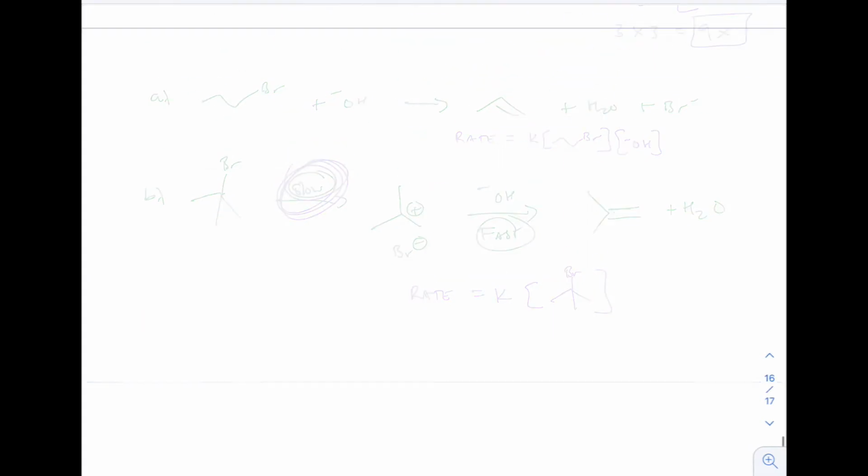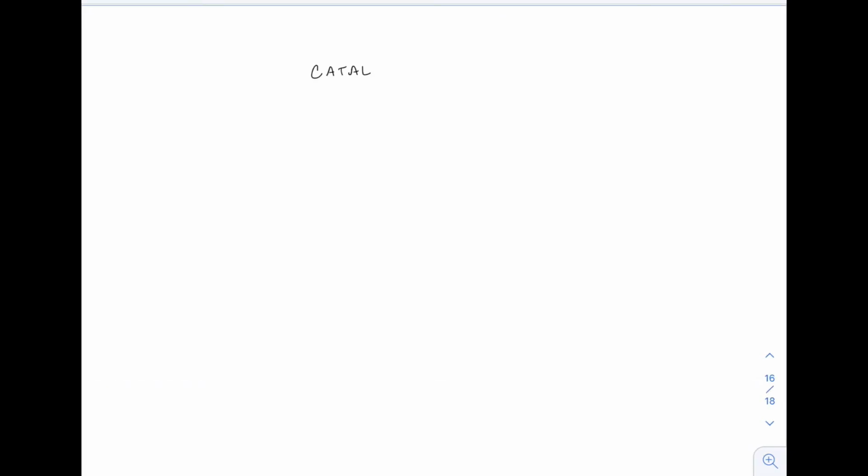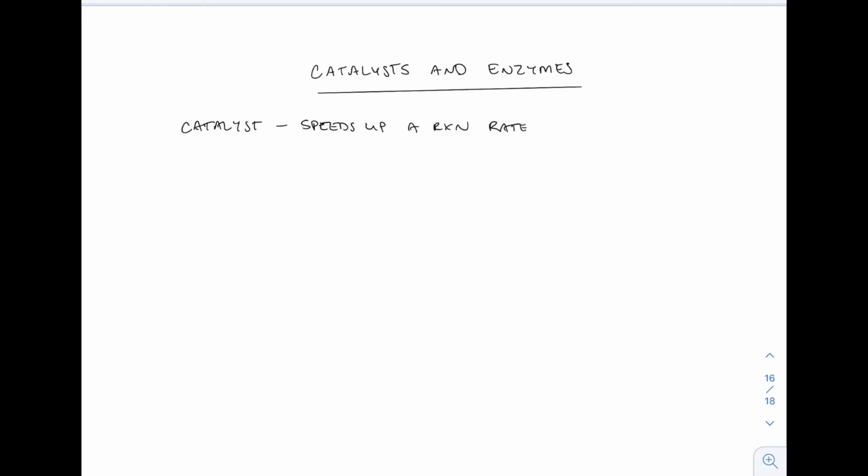All right, so now what we get to do is work on catalysts and enzymes. So they're pretty much the same thing. But catalysts, hopefully you remember from general chemistry. If not, it's cool, but they speed up a reaction rate, okay? And they do this by lowering the activation energy.